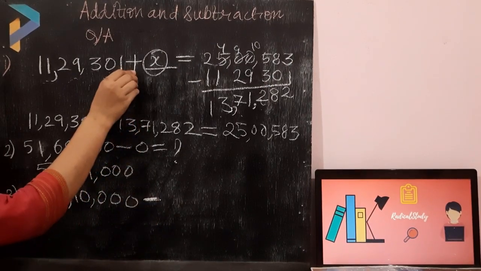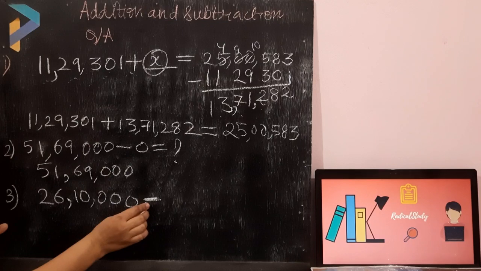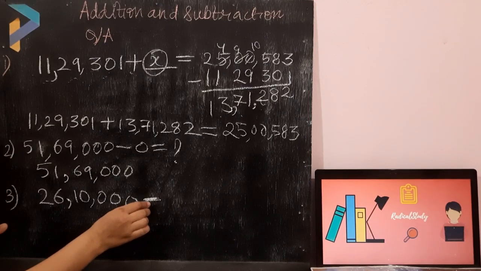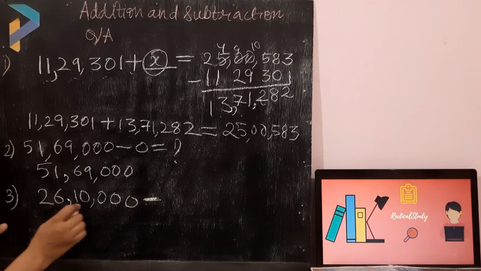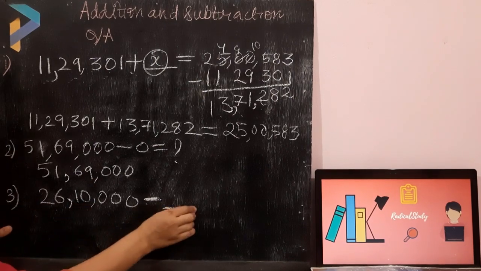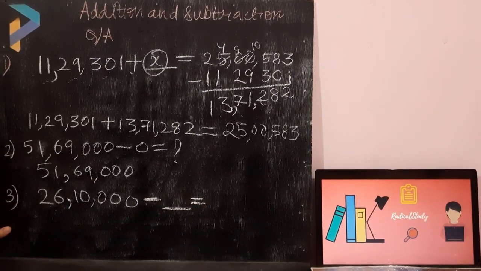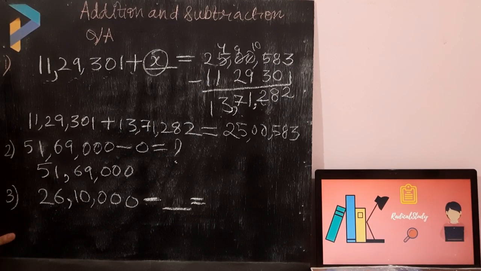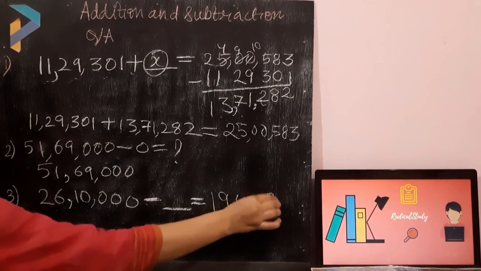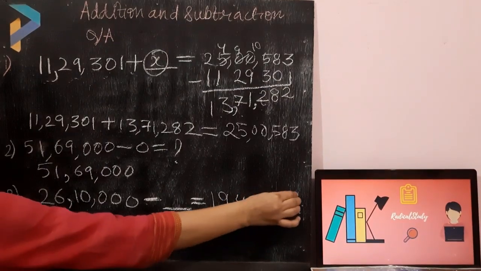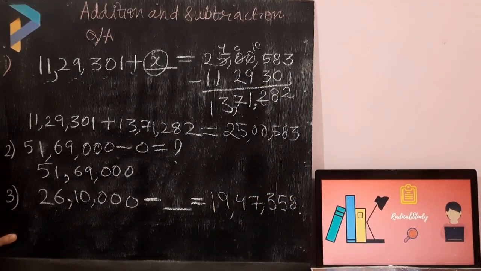Here it was addition, so it was plus. Now here it is subtract, that means it is minus. So what should be subtracted from 26,10,000 to get what? क्या मिलेगा हमको इसे subtract करने से? 19,47,358.